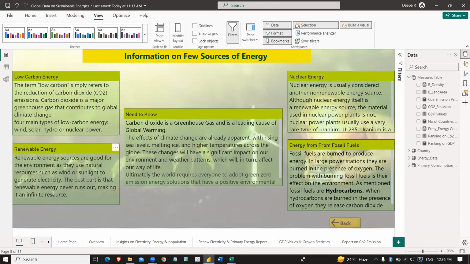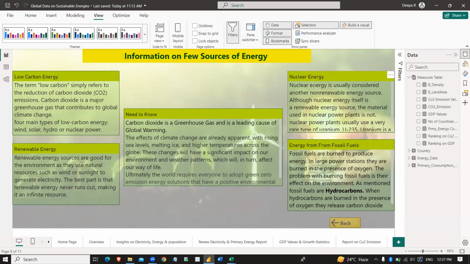Okay, there is an infinite resource of these things, and that's why we should make sure that most of our electricity is generated using renewable energy. We should strive towards generation of electricity using renewable energy.